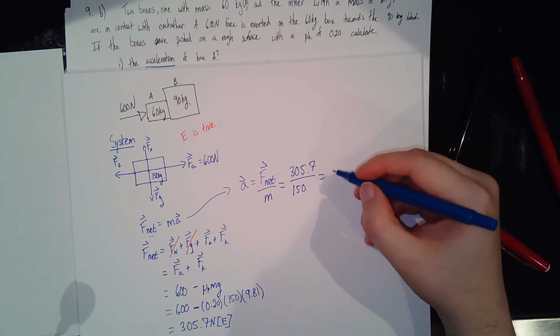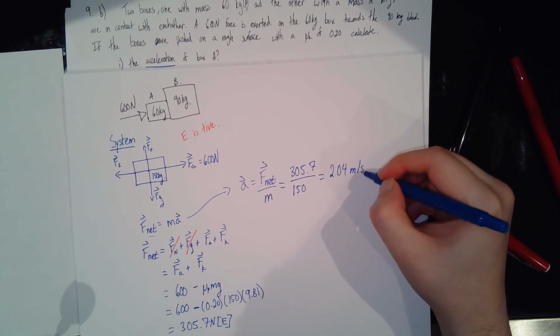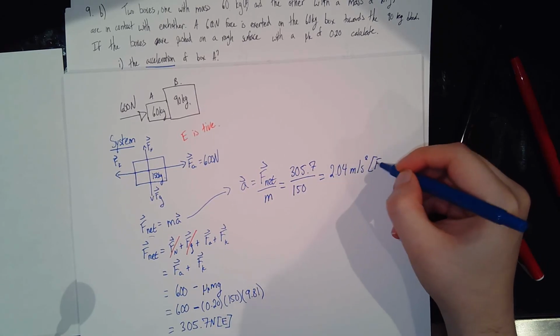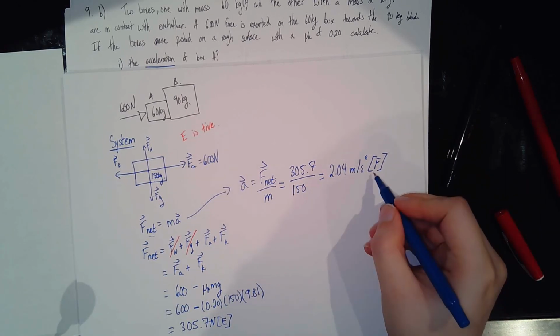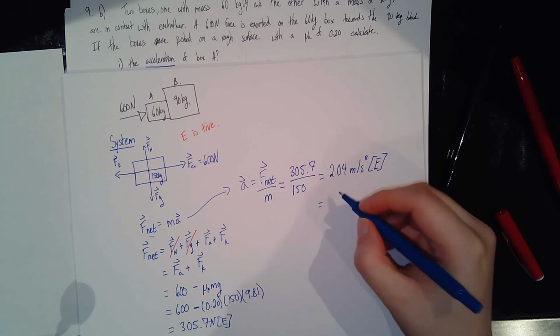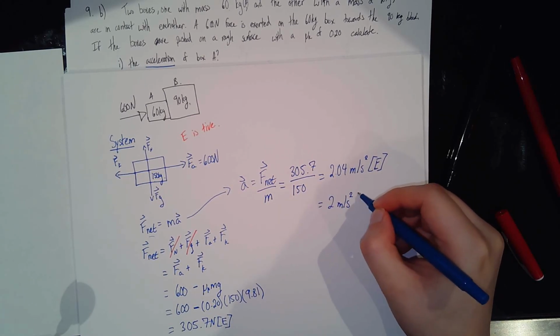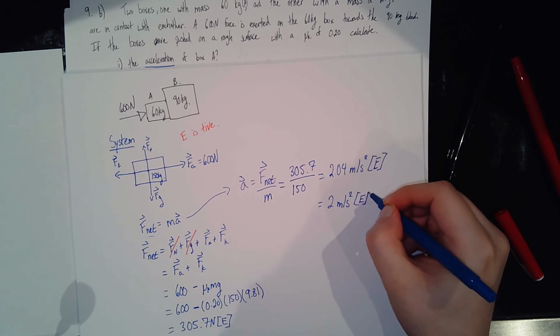We put that into our calculator, and we get 2.04 meters per second squared east. And then for significant digits, we get 2 meters per second squared east.